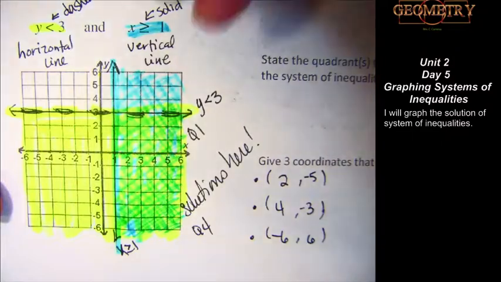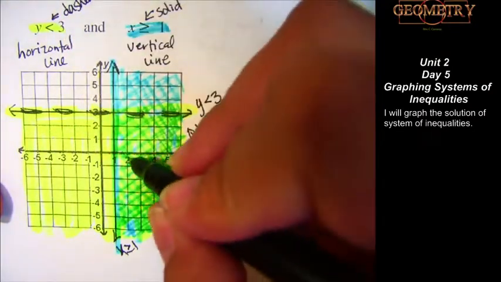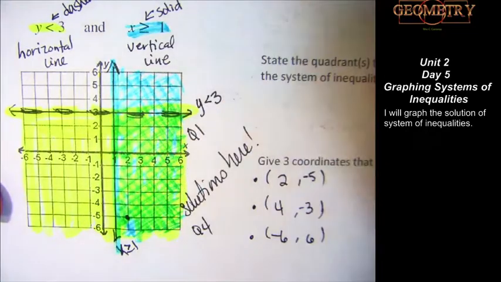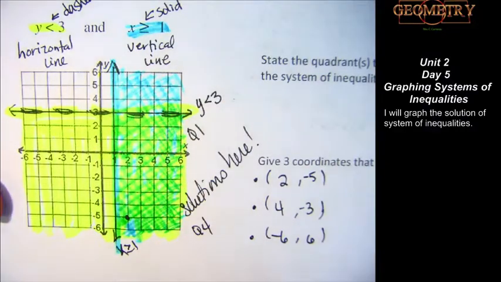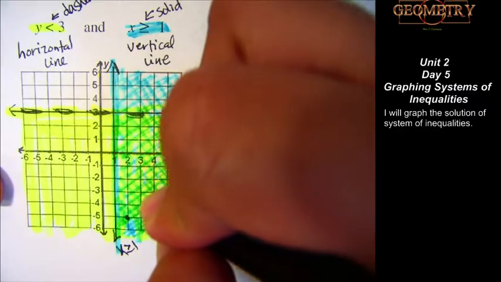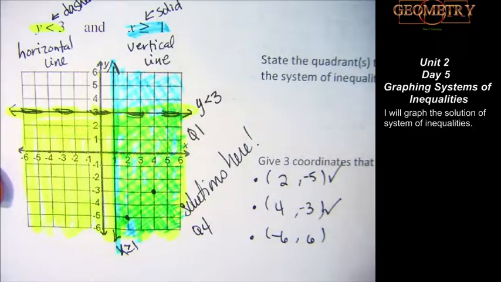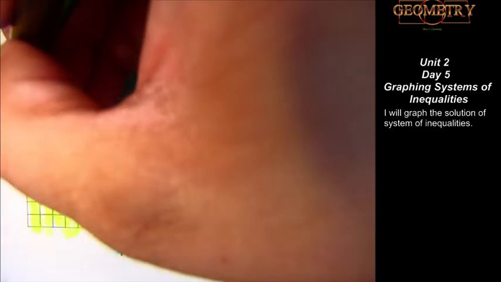All right, so let's look at each one in turn. Here's 2, -5. That is somewhere in what I've colored green. It's where the two colors are overlapping. So that is part of the solution. 4, -3. Also where both of those things intersect. -6, +6.